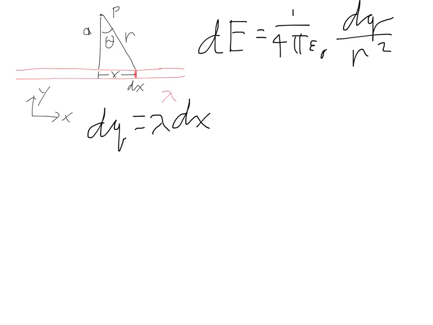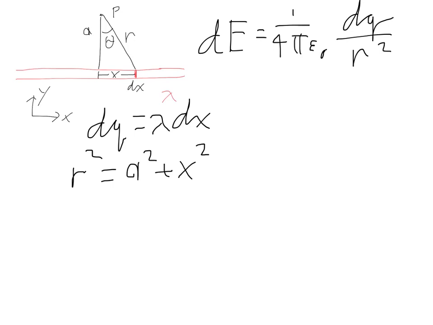Now, another thing to consider is that r, the distance away from point P, is going to have an x dependence. We can see quite simply from the Pythagorean theorem that r squared equals a squared plus x squared. That much seems fairly true. But we could also rewrite this in a different way if we wanted to put the angle in there. I'm going to do that just as a choice.